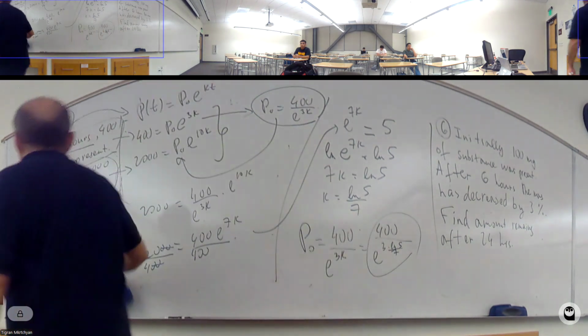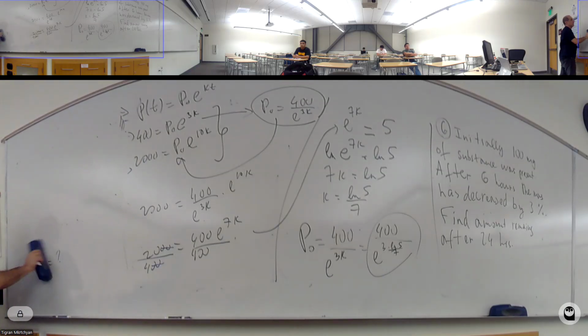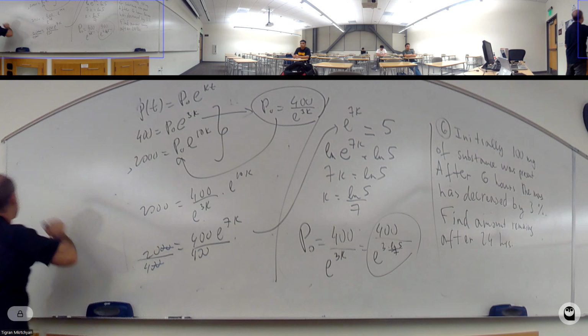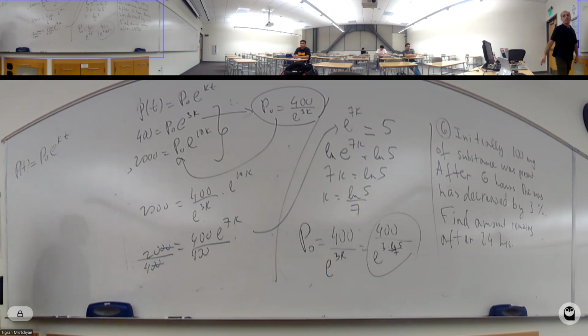So that means we can write the amount as the initial population times e to the decay rate times t.